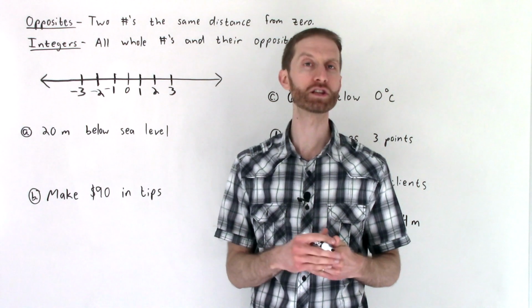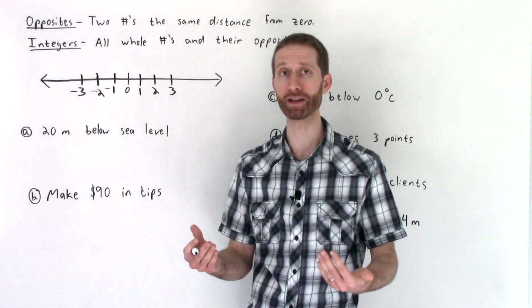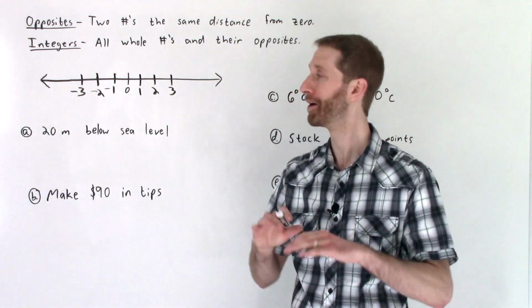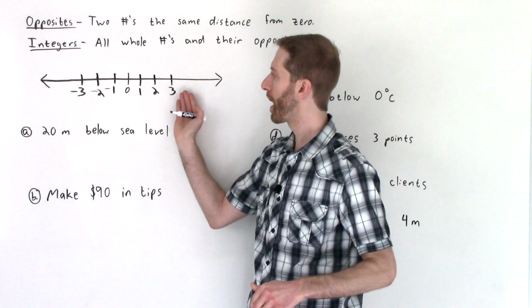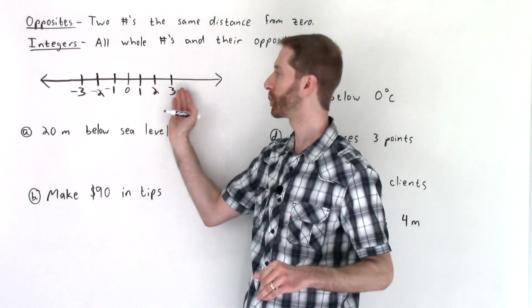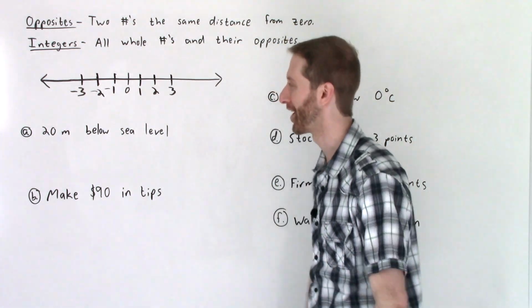It's also great to use integers for losses and gains of amounts of things. And we'll see some examples of that right now. So negative numbers, and then positive numbers, and we're just dealing with whole numbers and their opposites. Those are the integers.